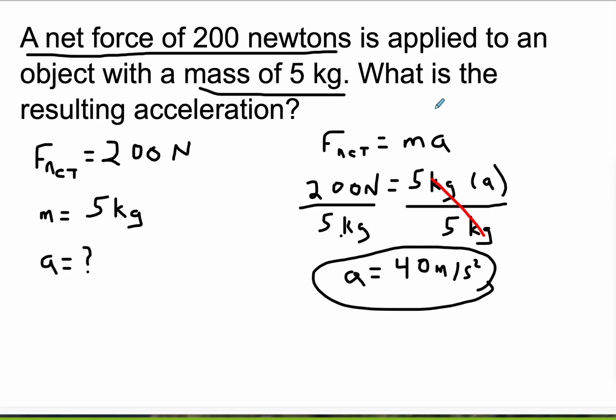A better example of this would be a hockey puck. So if I have a hockey puck and it's on the ice, stays on the ice, doesn't go in the air, the only time that hockey puck is accelerating or changing speeds is when my stick is on the puck.